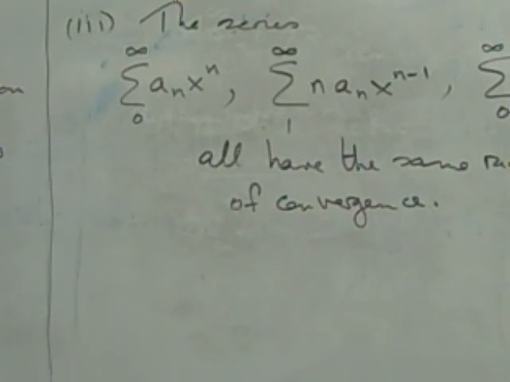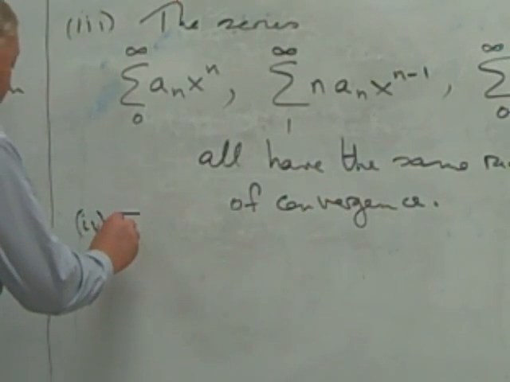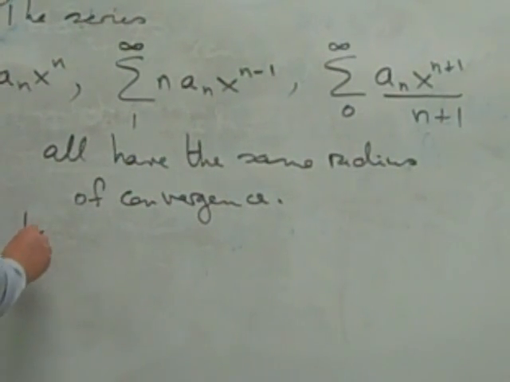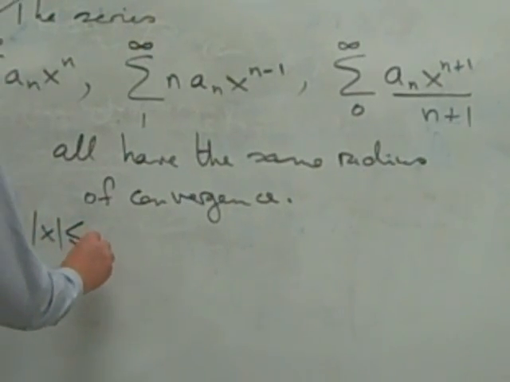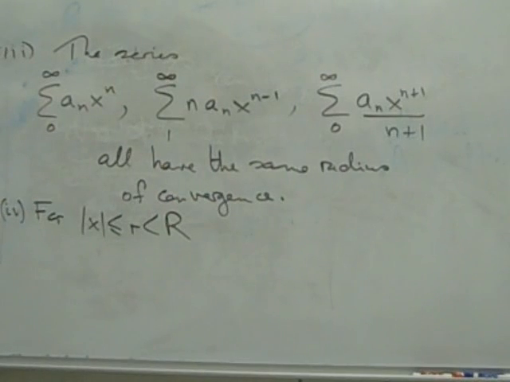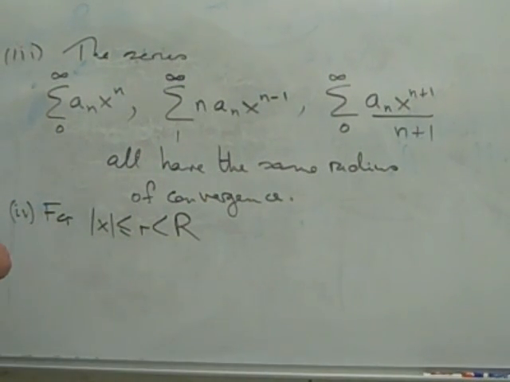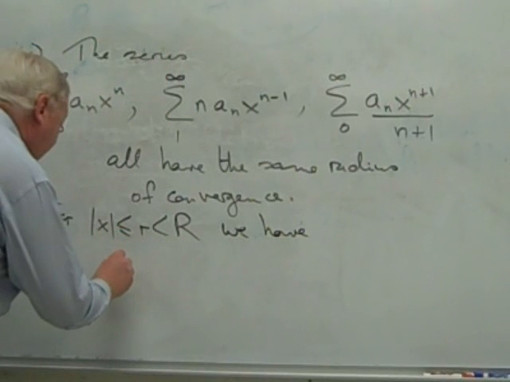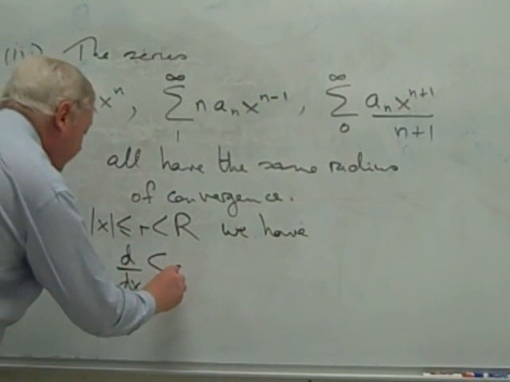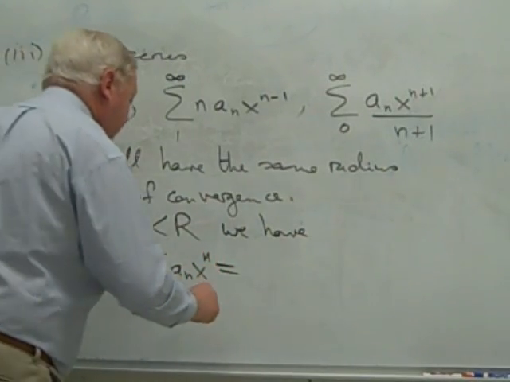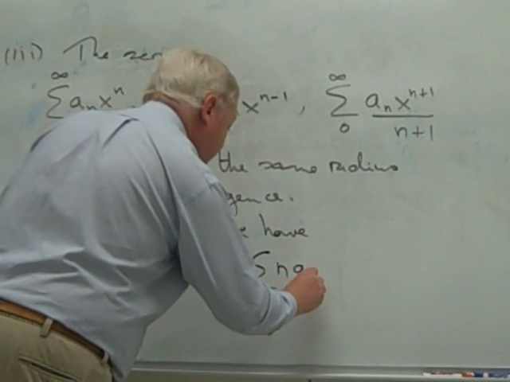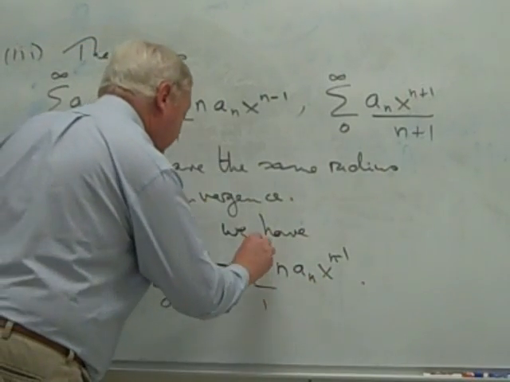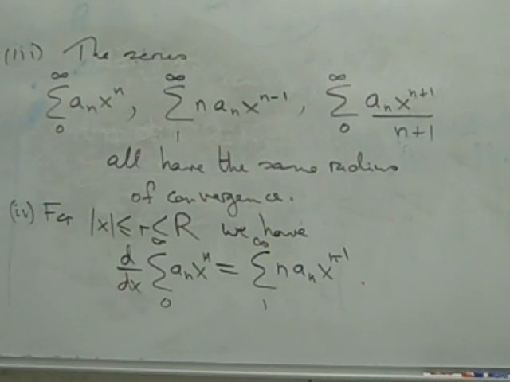And the fourth statement is, for absolute value of x less than or equal to small r less than capital R, we have that the derivative of the series an x to the n is what you would get differentiating term by term. So it's exactly what you'd hope for.